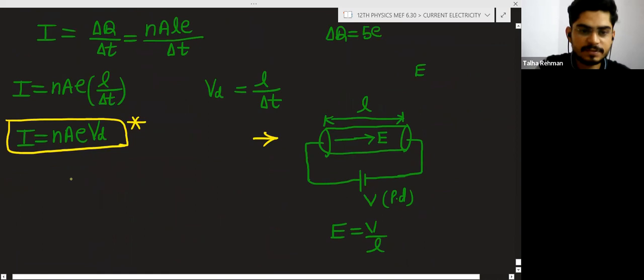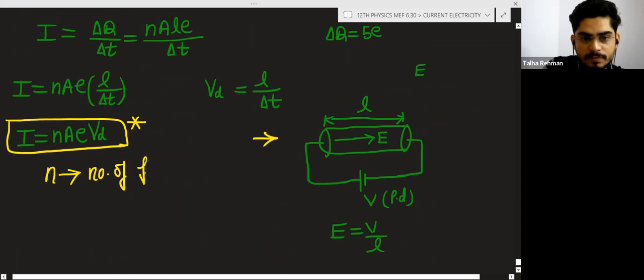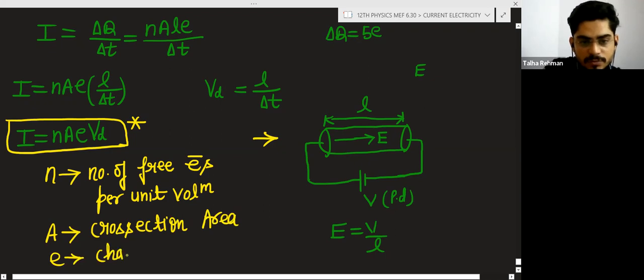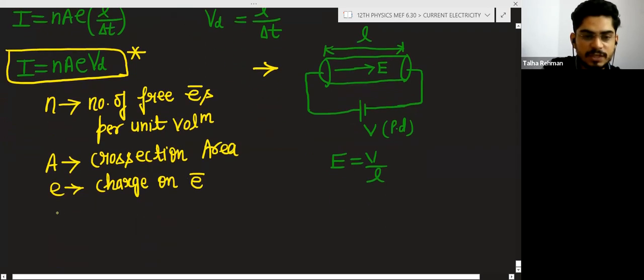And here n is the number of free electrons per unit volume, A is the area of cross section, e is the magnitude of charge on electron, V suffix d is the magnitude of drift velocity.